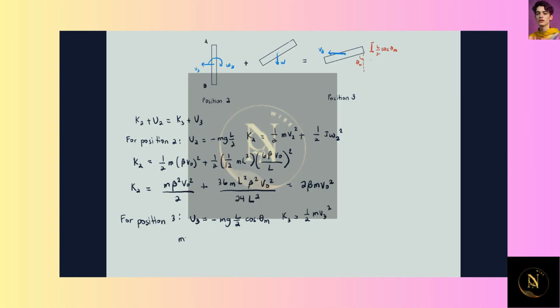So we'll have mv2 plus 0 equals mv3. This tells us that v3 is equal to v2, which is equal to beta V0. Hence our K3 is equal to 1/2 m beta squared V0 squared.